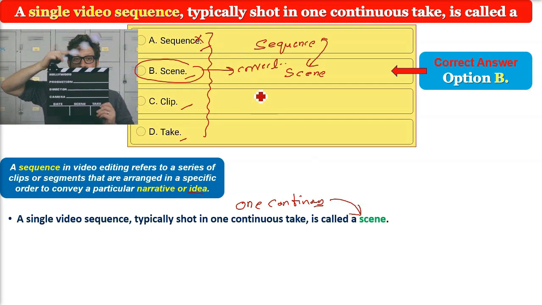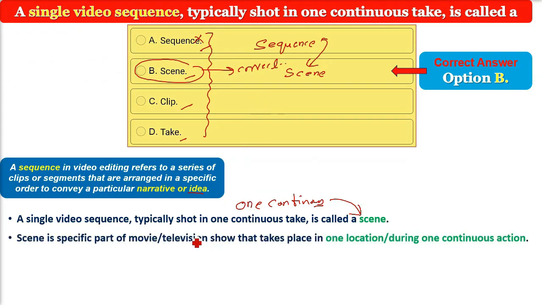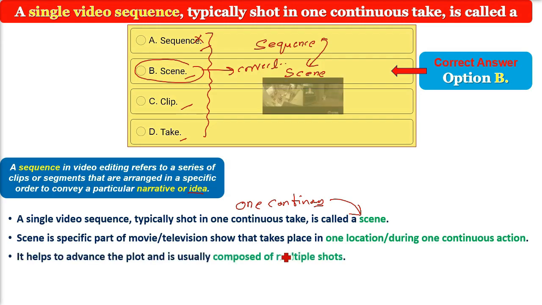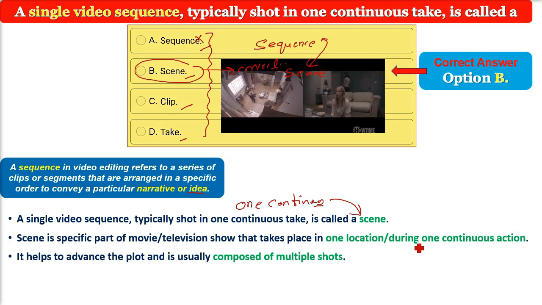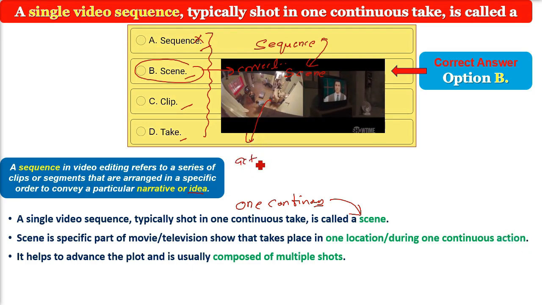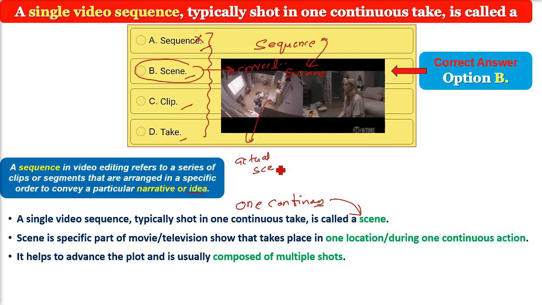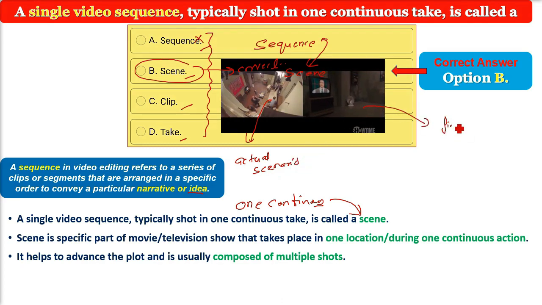A scene refers to a specific part of a movie or television show that takes place in one location or during one continuous action. It helps to advance the plot and is usually composed of multiple shots.